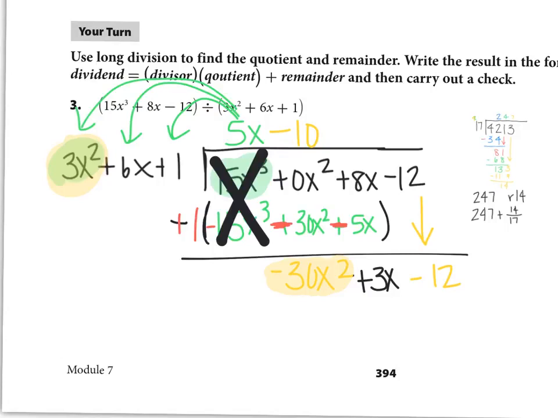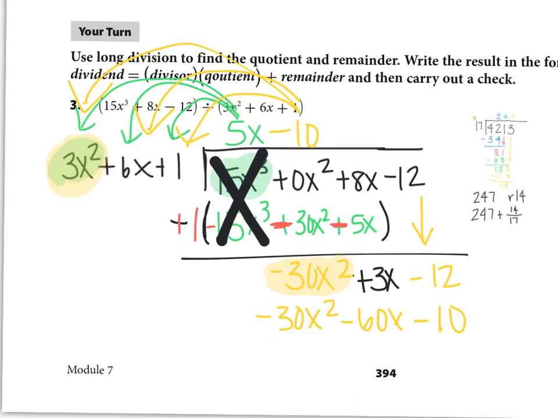Okay, so now I multiply. Negative 10 times 3x squared would be negative 30x squared. And then negative 10 times 6x. And negative 10 times positive 1.